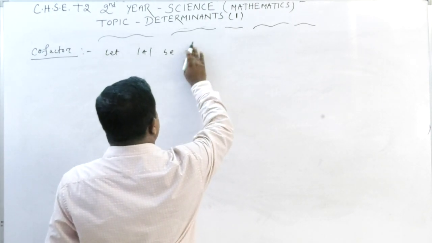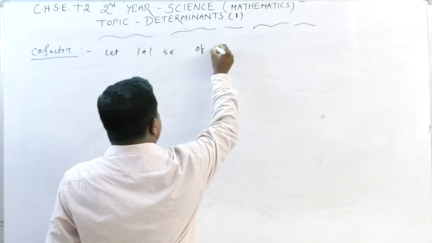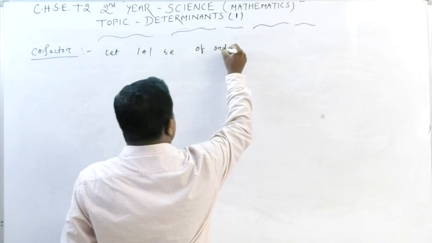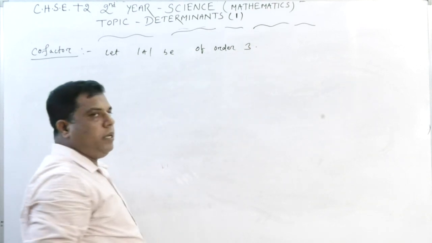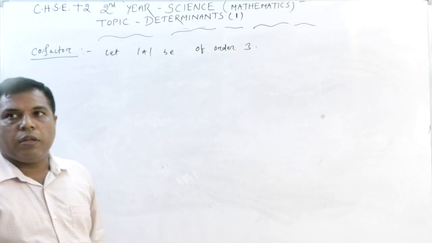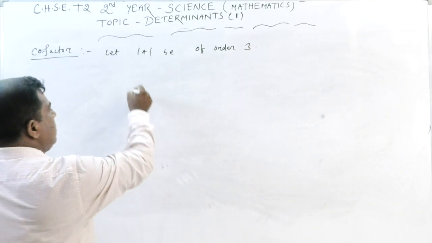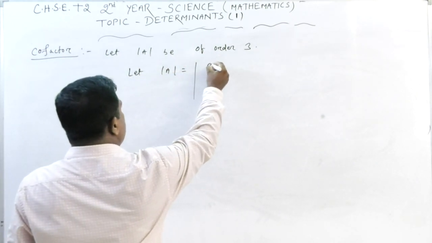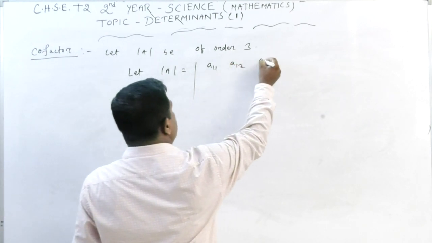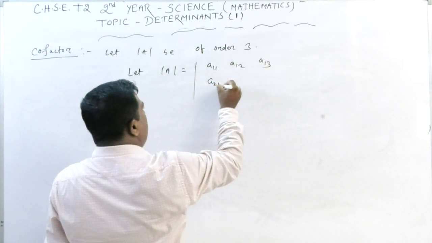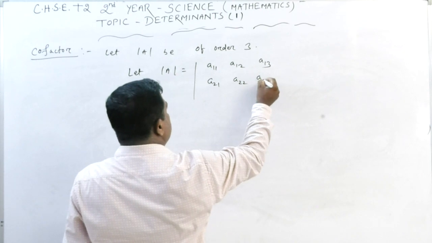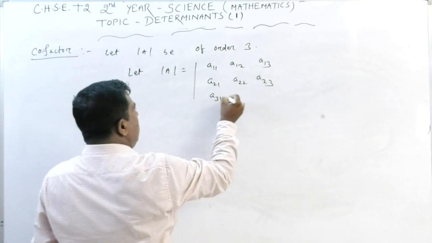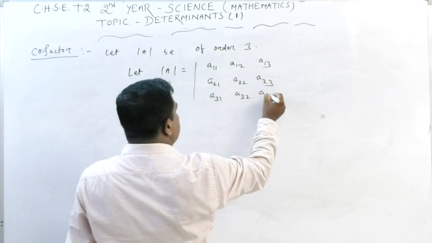Let us take order 3, for convenience; any order we can take. Let determinant of A equal A11, A12, A13, A21, A22, A23, A31, A32, A33.